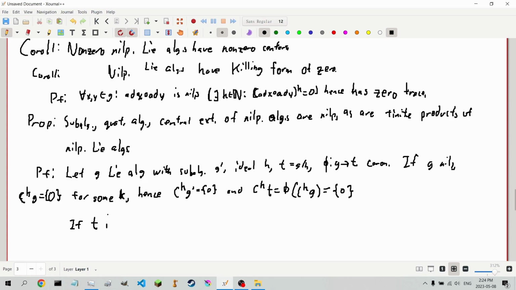If T is nilpotent and H is contained within the center of G, then C^k of T is 0 for some k.